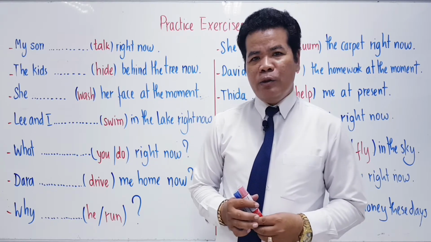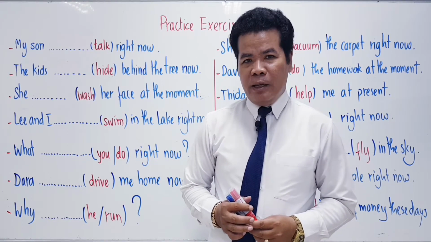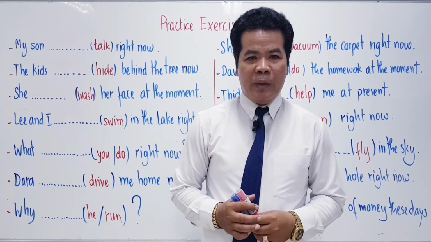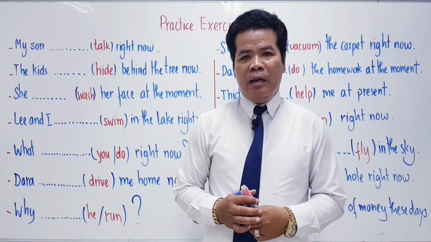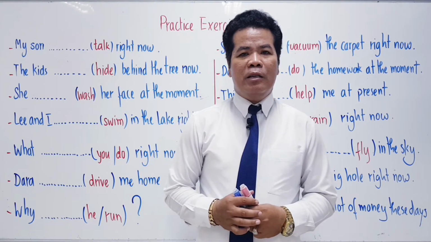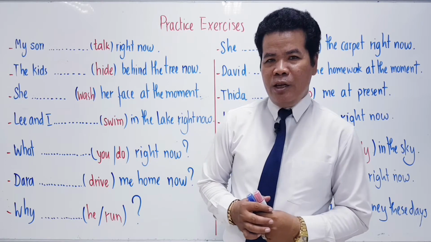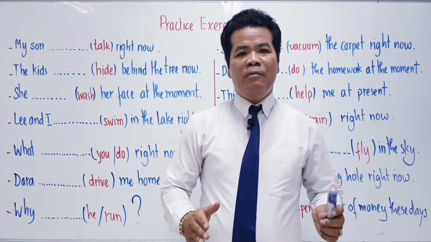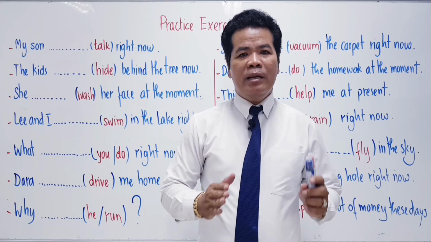We are going to do the exercise together related to the present progressive. Okay. After we have learned about the form of present progressive, we learn about the spelling rule of verb plus ing. We learn about the uses of the present progressive. Now it's time for practice, doing exercise.